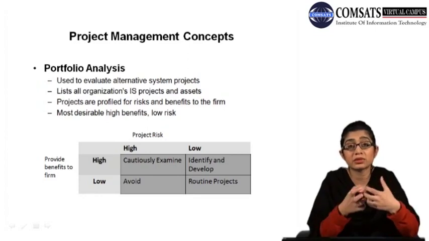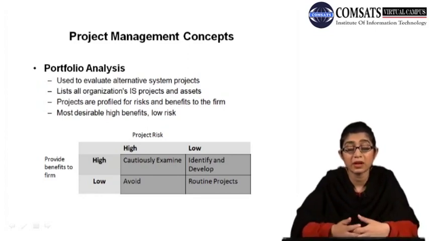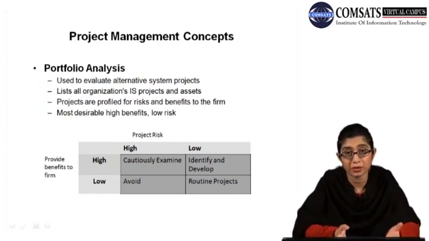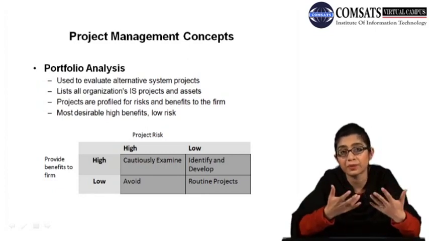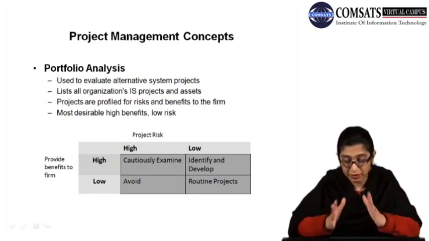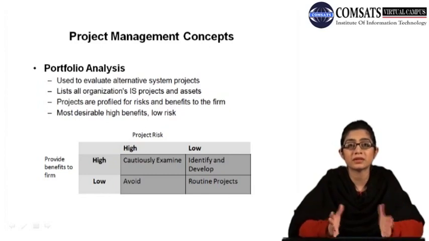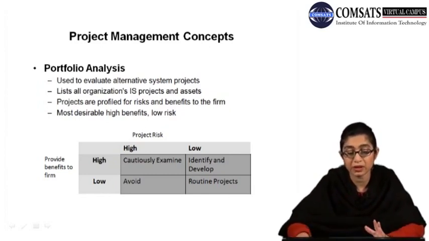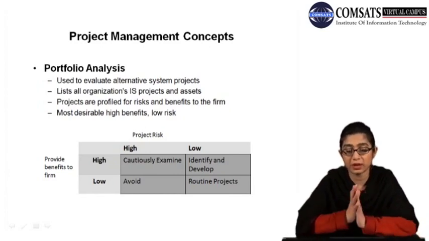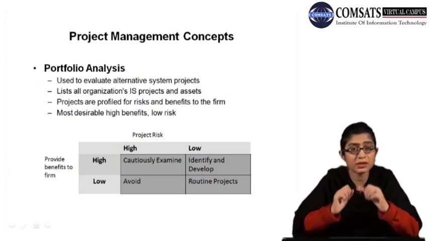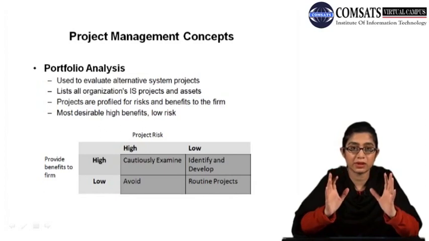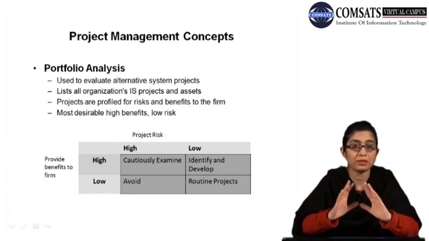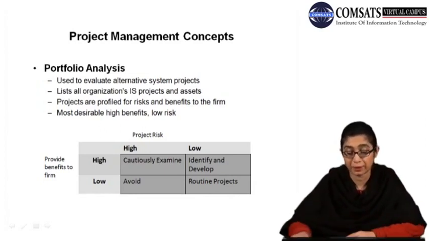So basically you choose the most desirable project, which has high benefits and low risk. But this is not usually the case. Different organizations have different needs. But this high benefits and low risk is, let's say, the best case model.